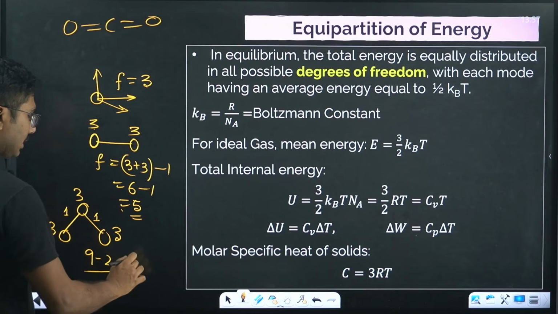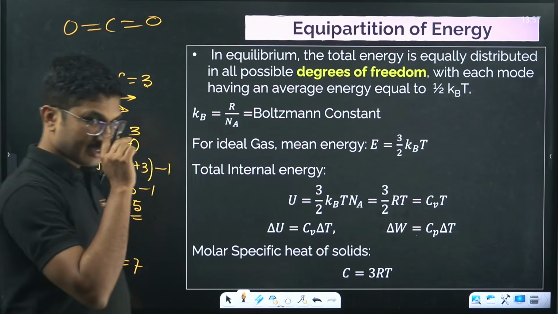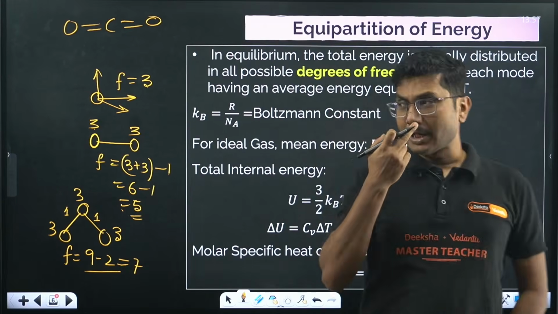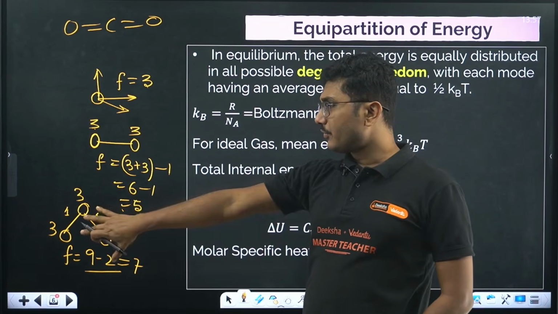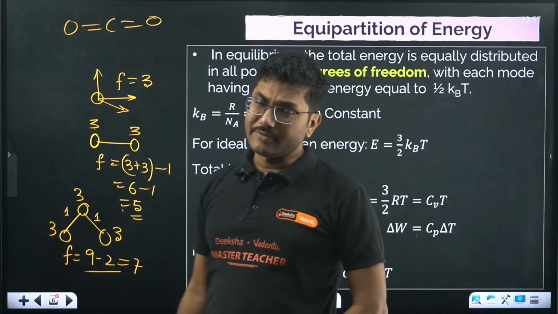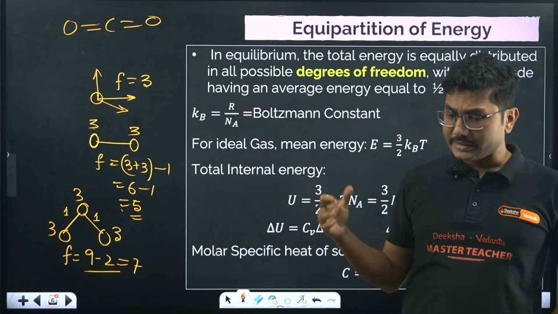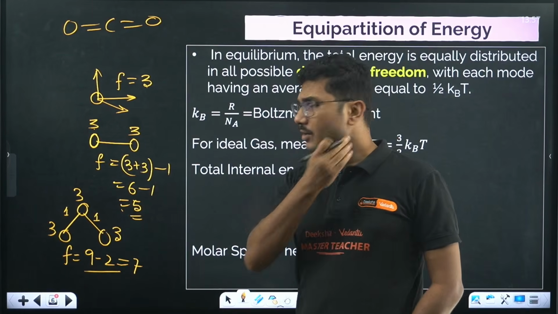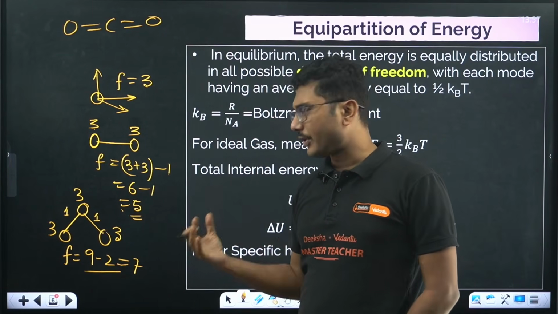So the degrees of freedom for a non-linear triatomic molecule will be 7. In general, more than 3 atoms can always be somehow configured into this, and generally they have 7 degrees of freedom, except there are a few special cases. For example CH4 has a tetrahedral structure, so that can be different from this.